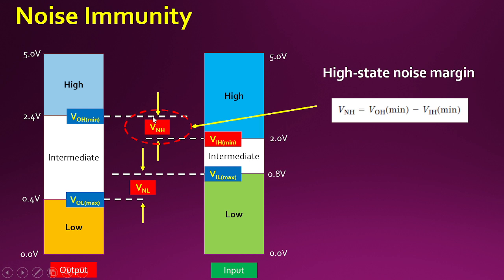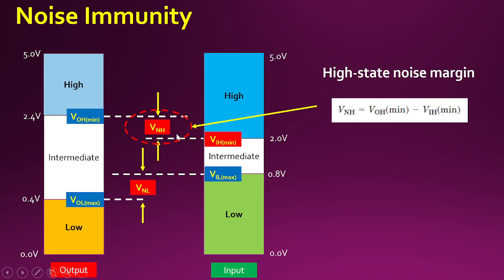The difference between these two is 0.4. So when the output is connected to the input, there is a window difference of 0.4. So if the output is at worst case, and when it reaches the input of the TTL gate it becomes 2.3 volt, the input profile says it is valid till 2.